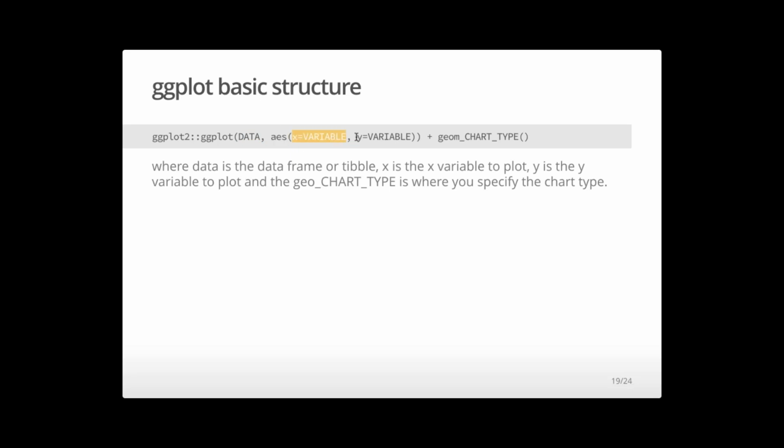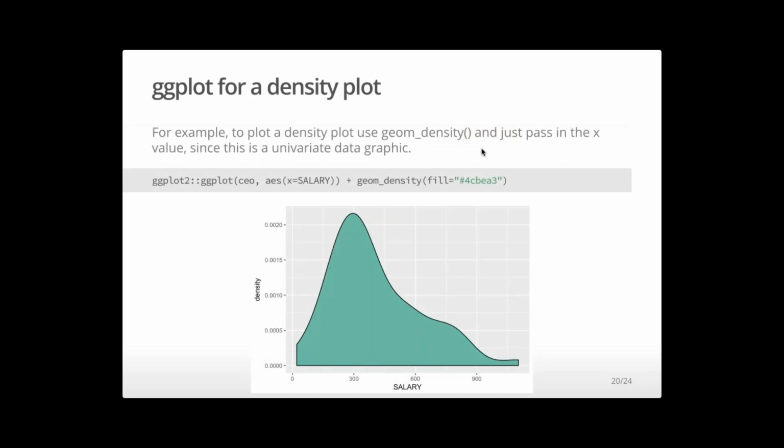We pass in our X and our Y variable, or if it's a univariate display, maybe just our X, if it's a histogram, for instance. Then we use this plus sign. So we have this big function, and then we're adding a plus sign to it, and then we add another function, geom underscore, and we type in whatever our chart type is from a list of chart types. So let's look at an example.